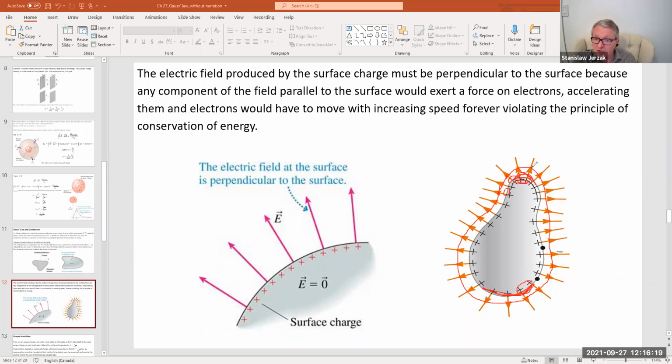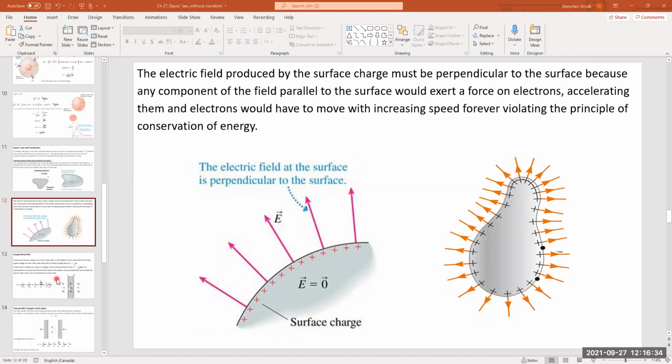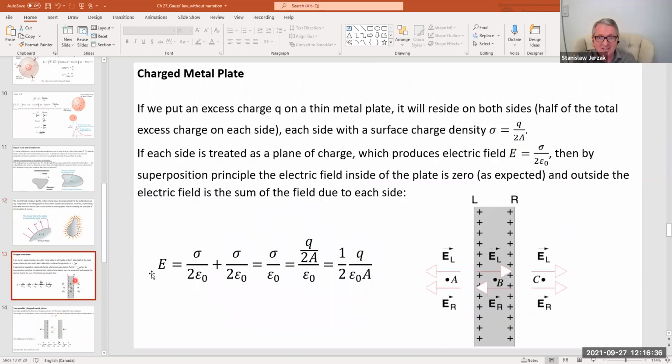So the electric field would change from point to point, and it would be very difficult to calculate the flux of the electric field. Anyway, I think that I did answer your question, so that was great. So now let us use these conclusions to make some other conclusions.